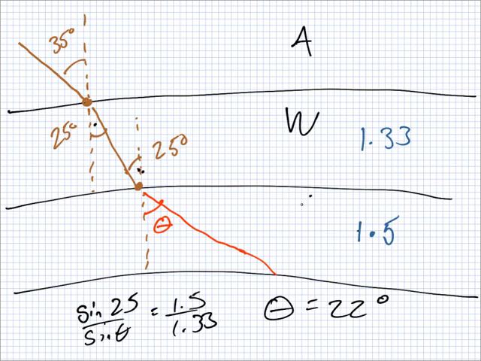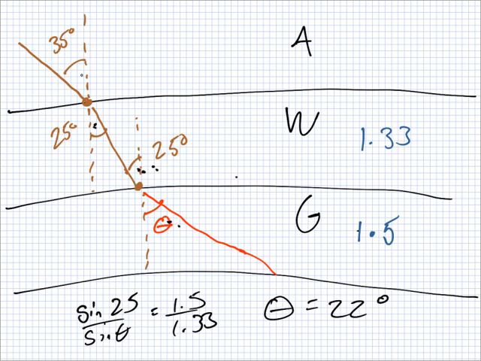Air, water, glass. Okay. Determine the angle of refraction as the ray enters the glass block. 25 is the angle of incidence as it's entering the glass. But is the 25 even right? No, it is the incident for 25. The 25 is from this one.